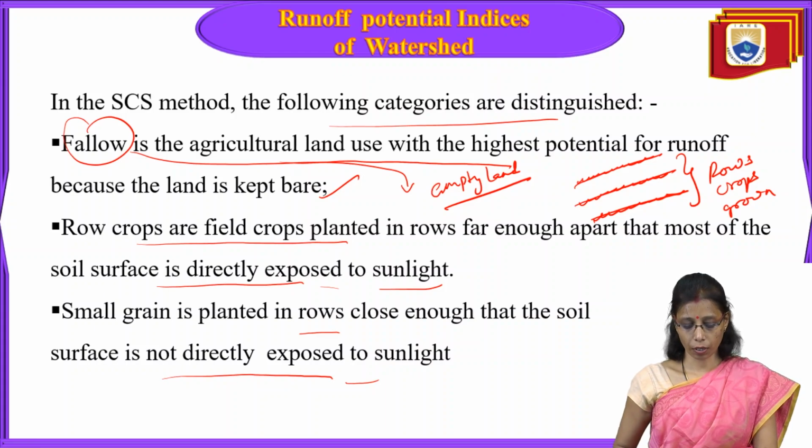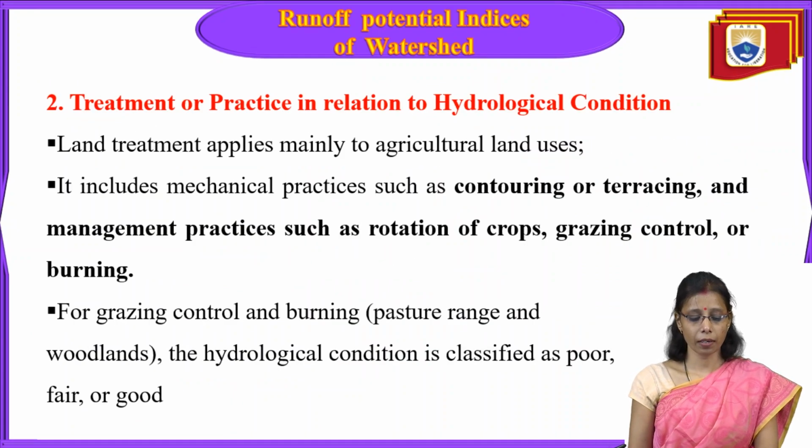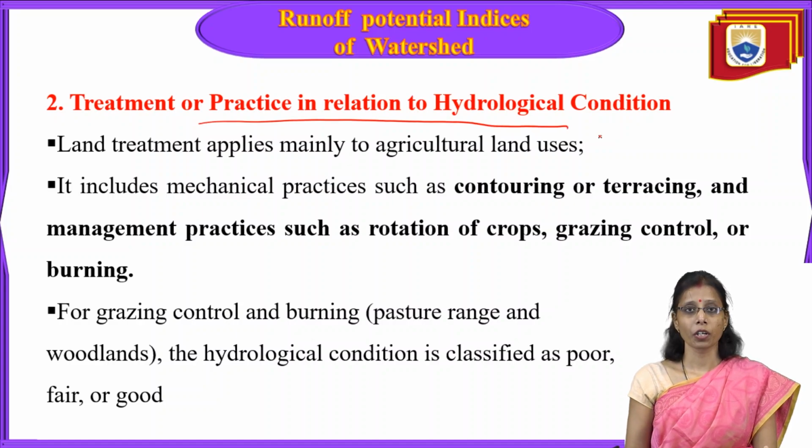Now, if you talk about the other parameter, treatment or practice, in relation to the hydrological conditions: land treatment applies mainly to agricultural land uses. It includes mechanical practices such as contouring or terracing, and management practices such as rotation of crops, grazing control or burning.